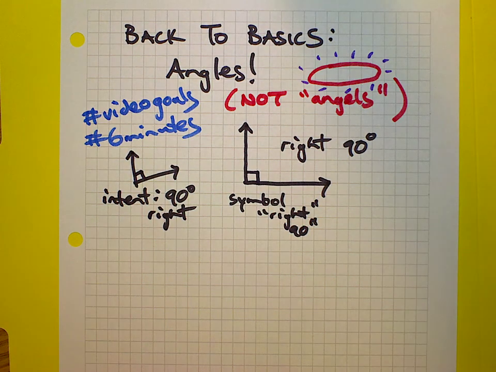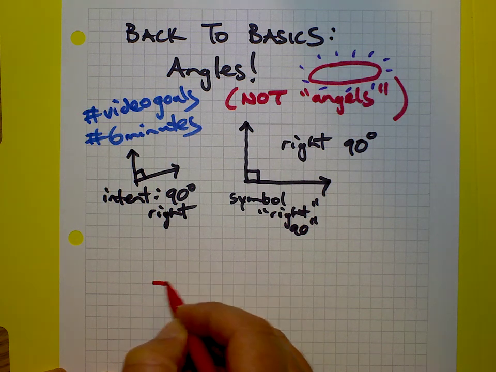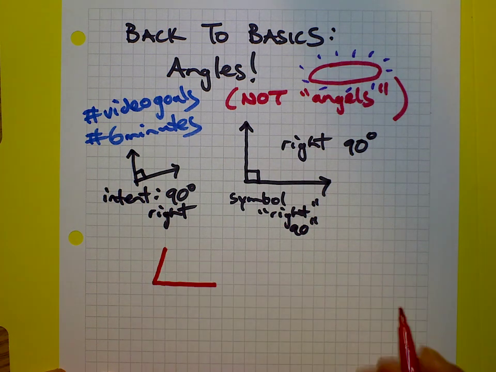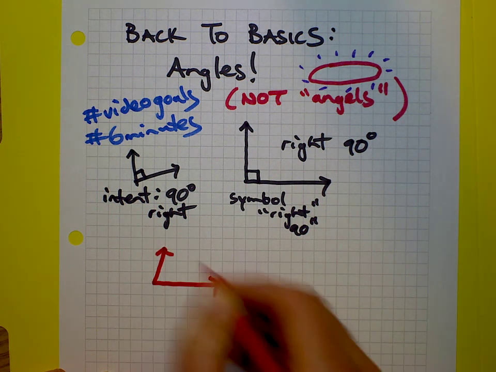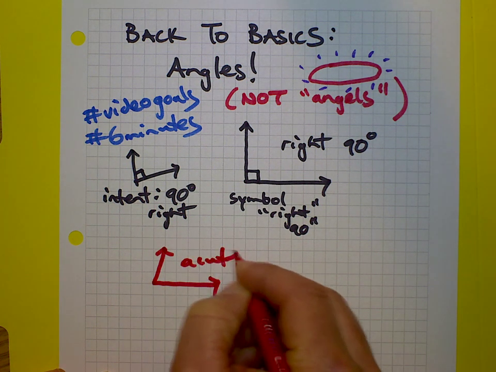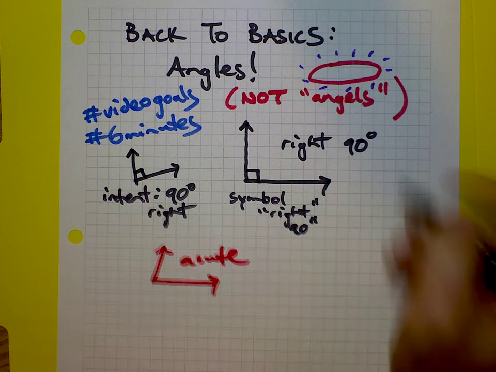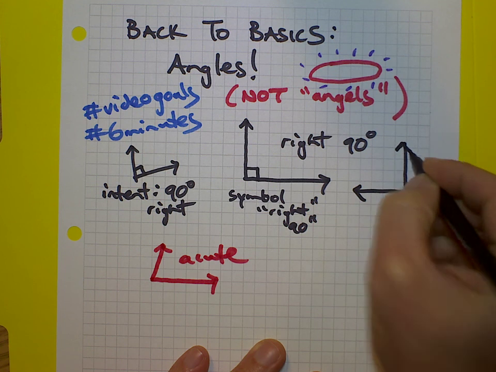So if I start making a 90 and then I'm like, oh no, I'm such a bad artist, just don't put the box in there, and now it's acute. Oh yeah, one more thing about right, just to remind you, it can go that way.